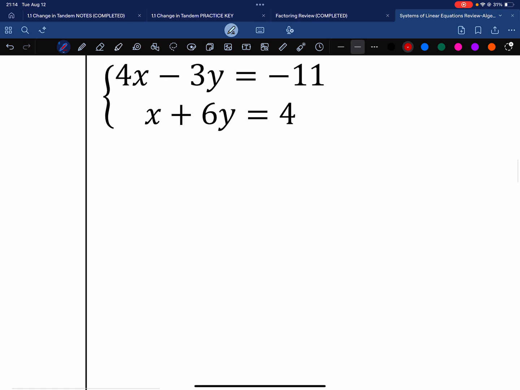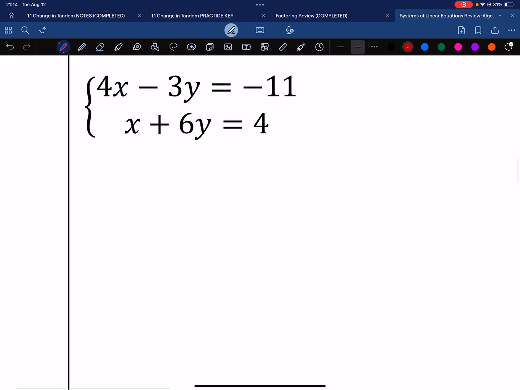So what we're going to do is look at our example, and see, do we have a variable that does not have a coefficient in front? And the answer is yes. This is the only variable that has no coefficient in front. This one has a 4, this one has a -3, this one has a 6. The other two numbers, those are constants, so we're not worried about this.